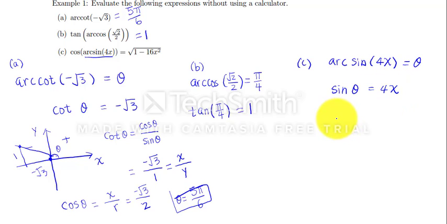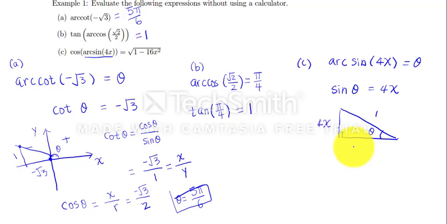And how do we understand this? Well, draw a right triangle. This is our angle theta. Sine is the opposite divided by the hypotenuse. So how do we get 4x? Well, it's just 4x divided by 1. And because of the Pythagorean theorem, we can calculate the adjacent side.